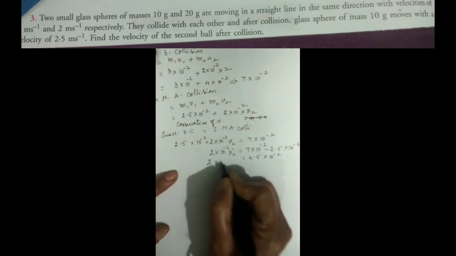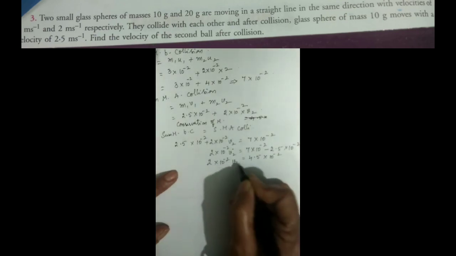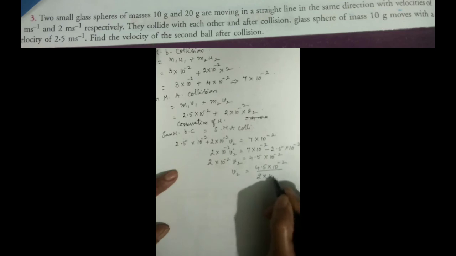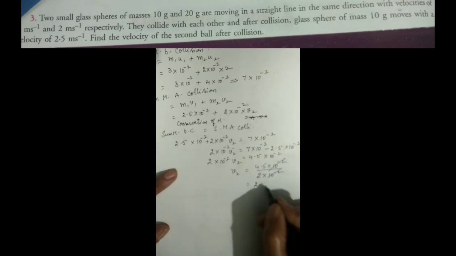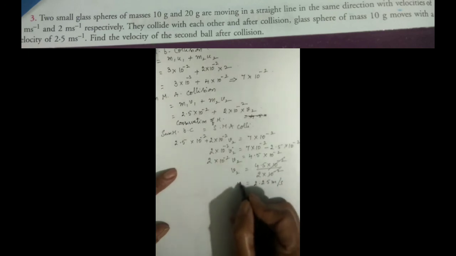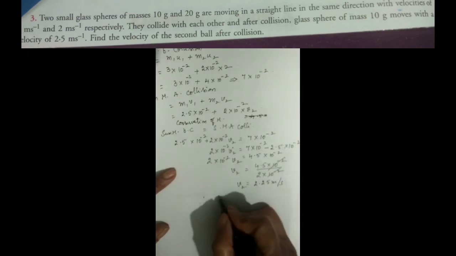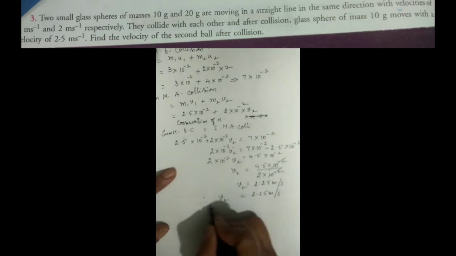V2 is equal to 4.5 into 10 to the power of minus 2 by 2 into 10 to the power of minus 2. This gets cancelled now. 2.25 meters per second. Therefore V2 is equal to 2.25 meters per second.